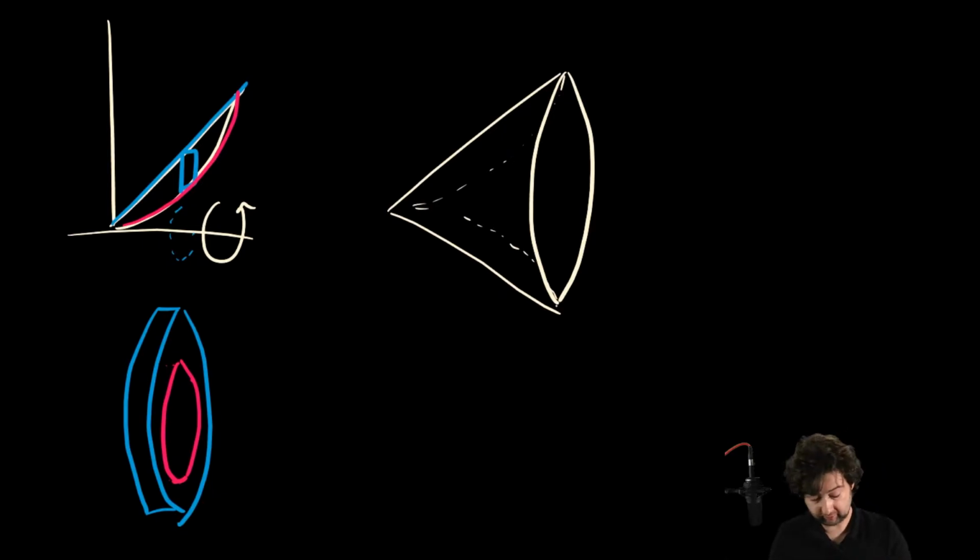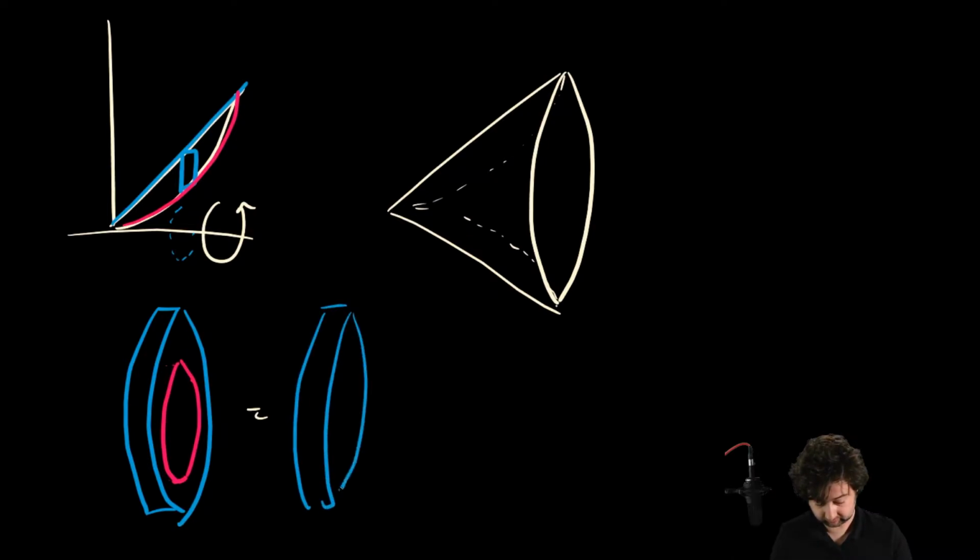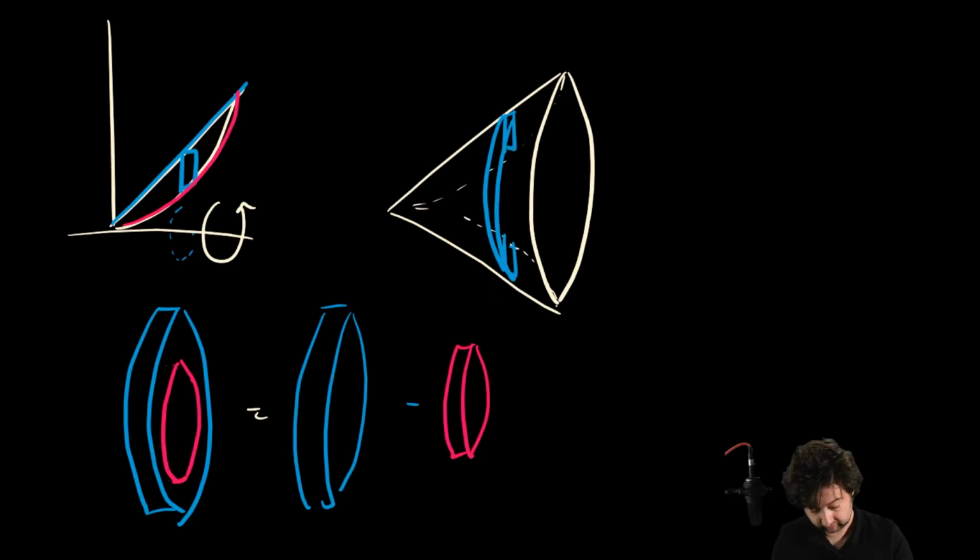So really we can think of this as the volume of a big cylinder minus the volume of a little cylinder. And then the thing that we get when we do that is exactly what the representative pieces of this sort of horn shape over here turn into. If you can see what I'm talking about.